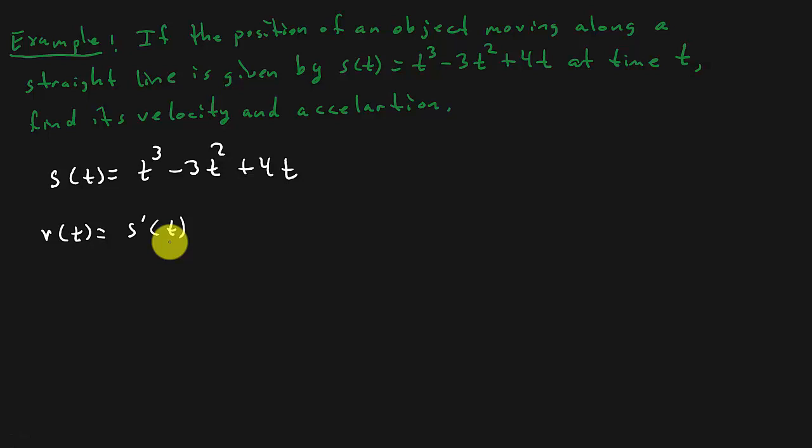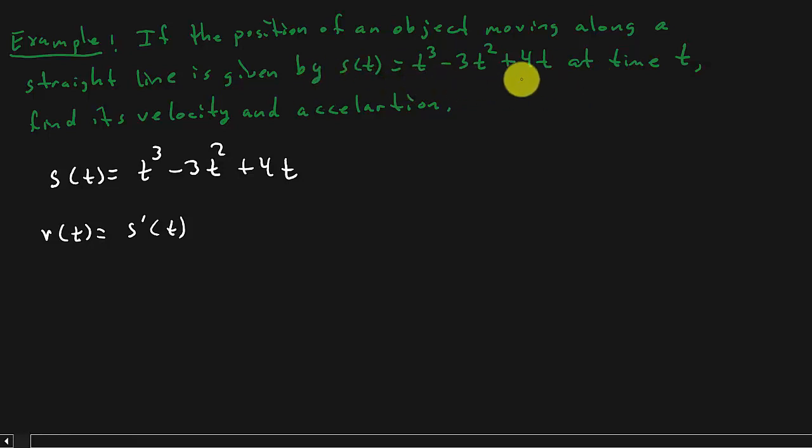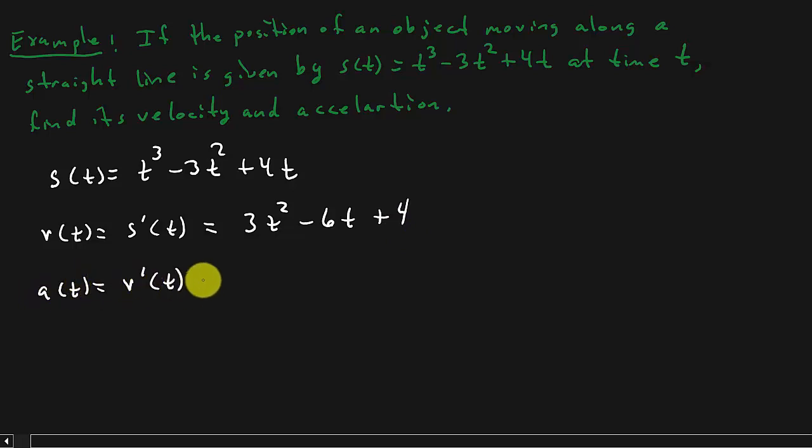Remember, the change of your position is velocity, and so that's going to be 3t squared minus 6t plus 4. And then the acceleration is the derivative of the velocity, which is also the second derivative of the position function. So that's 6t minus 6. All right, that's all they wanted you to do there.